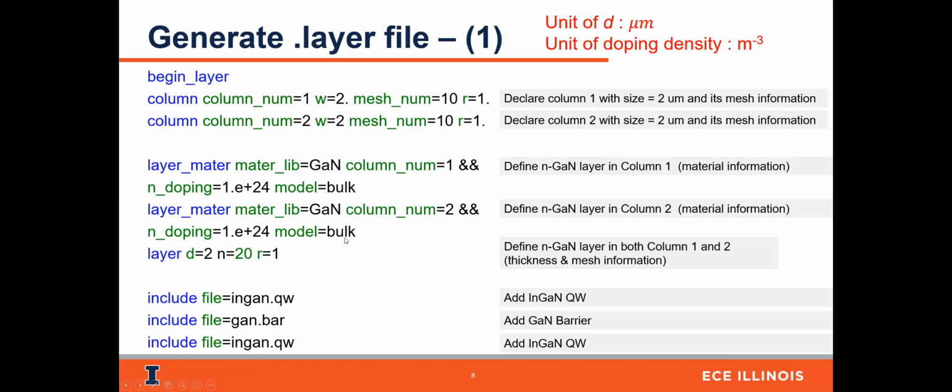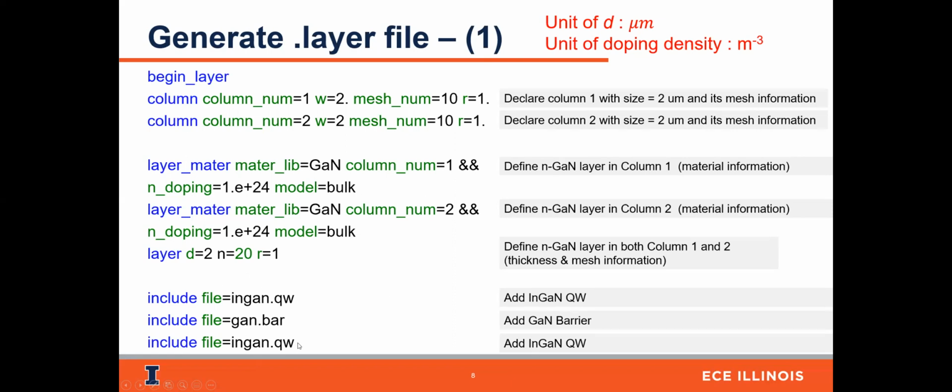Yes, and we have a thickness of 2 micron, and then we add indium gallium nitride quantum well, gallium nitride barrier. I'm going to define InGaN.QW and GaN.bar later separately.